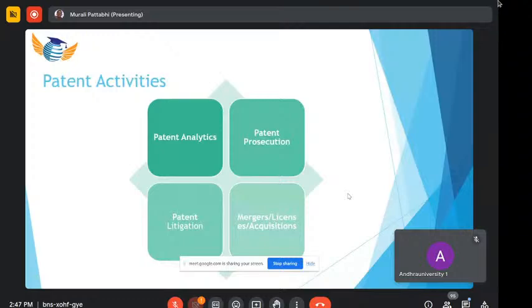And the fourth major activity with respect to patents will be mergers, acquisitions and licenses. Once we file a patent and get a grant for our applications, normally either we will be producing and marketing our invention, or sometimes we sell our technology to players in manufacturing, marketing and sales of different products.